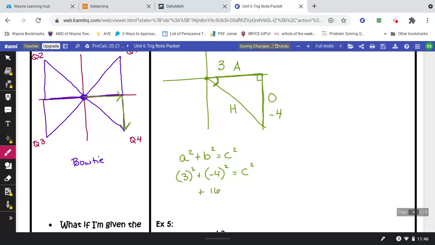It's -4 times -4. Add those together to make 25. And at the end, we'll square root to find our answer of c equals 5. Then I take that 5 and I put it on where the hypotenuse is. Now remember, the hypotenuse is never negative, so I'm good to leave that 5 as a positive 5.